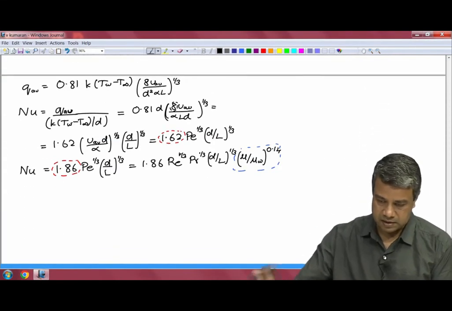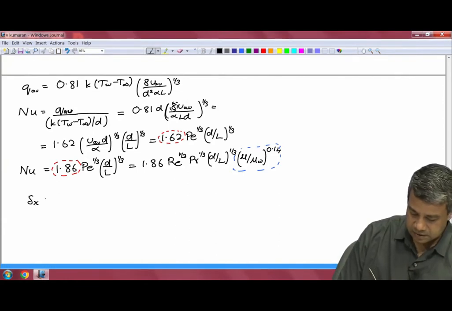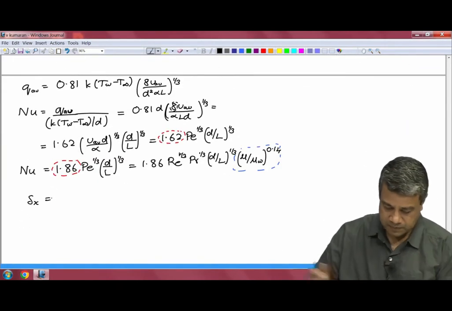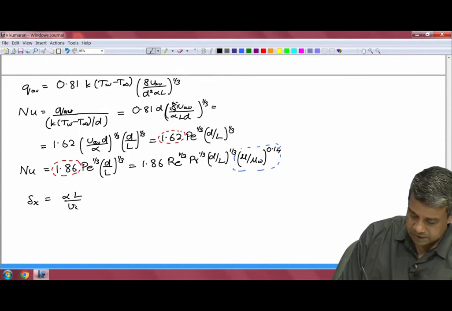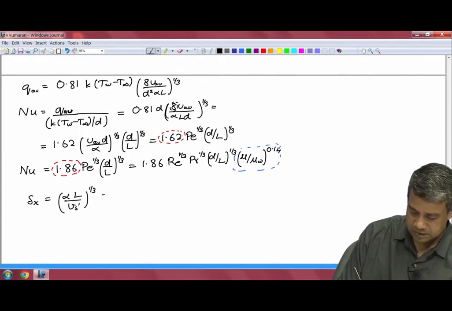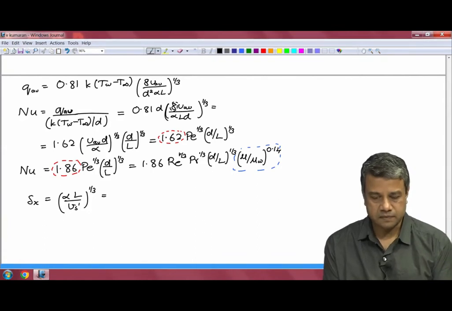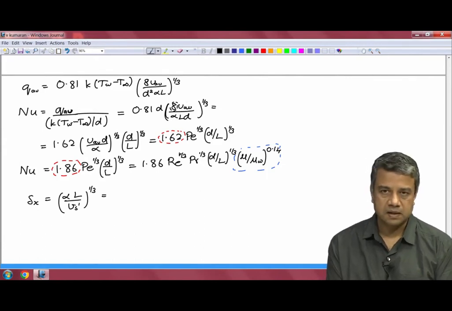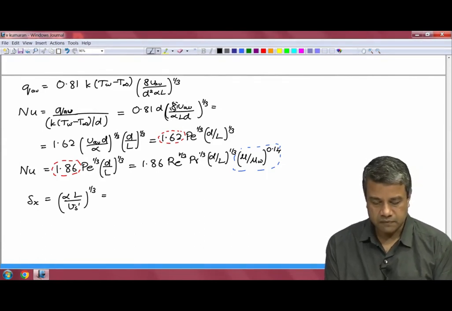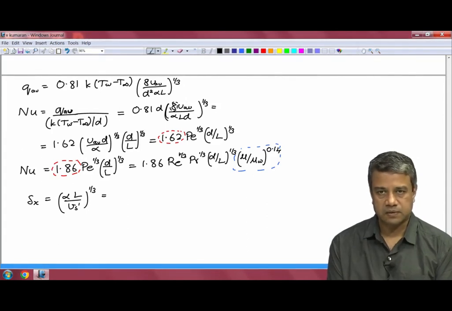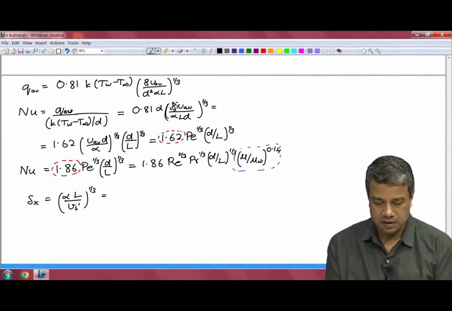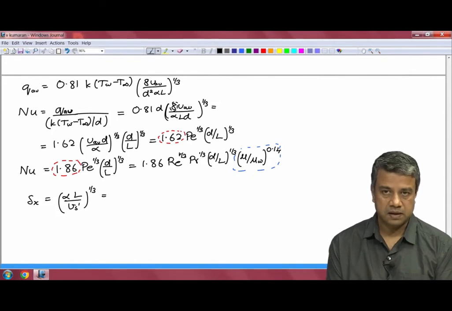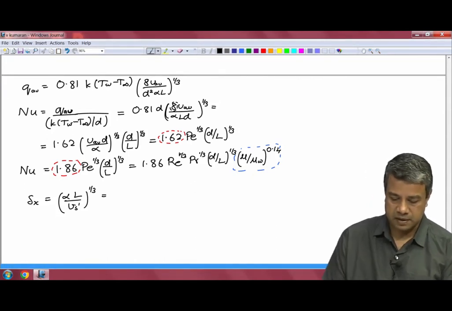Now, what is delta x? We had just written the expression for delta x is equal to alpha L by V s prime, whole power 1/3. It has to have dimensions of length. Alpha has dimensions of length square per time times the length, so there is length cubed by time per time, and V s prime is a strain rate, the derivative of the velocity, with dimensions inverse time. So dimensionally this is the boundary layer thickness with the factor C delta set equal to 1 in that calculation for the flow past a flat plate.